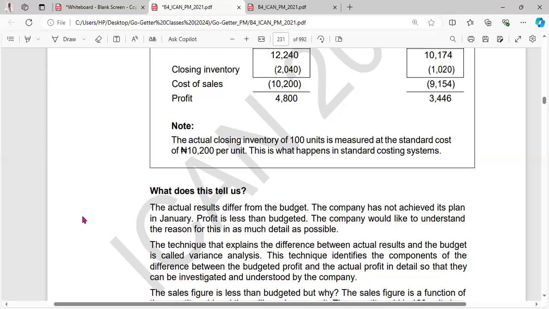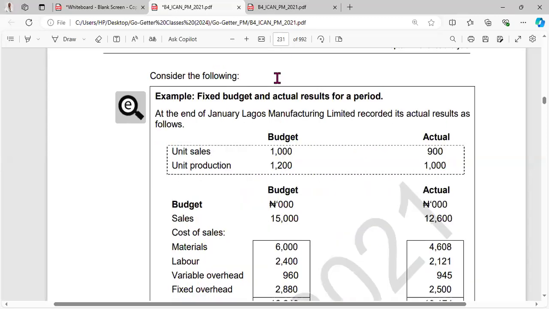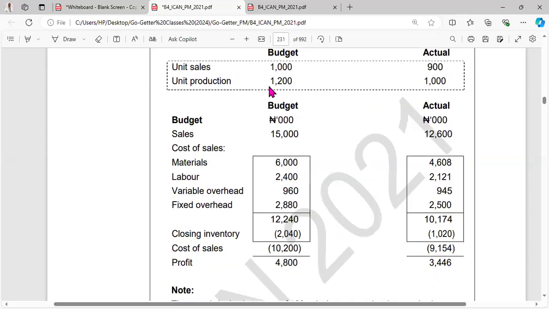Now, at first, it might look as if the company is making cost savings on every line. However, this is not a fair comparison. This is because you are comparing a budget of 1,200 units produced with 1,000 produced. It's not fair. It's just like comparing a primary one child with primary six.